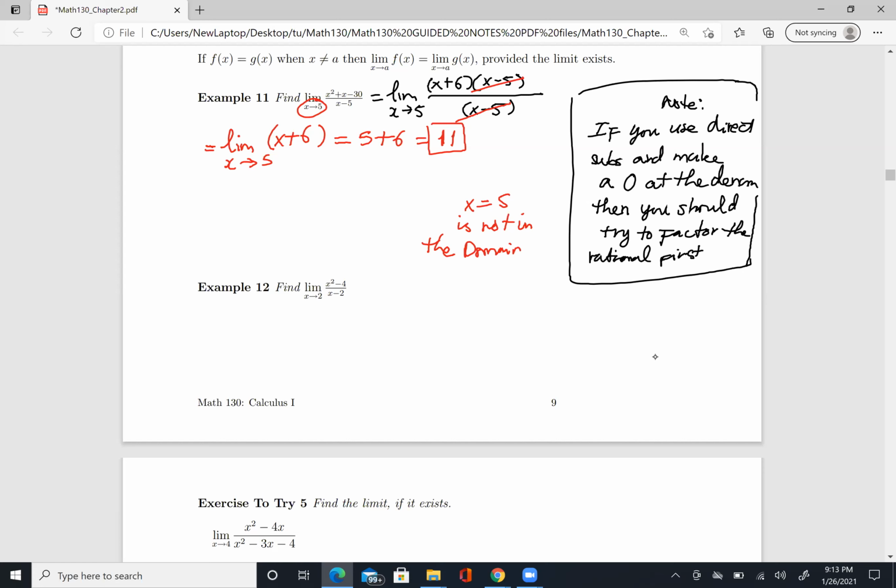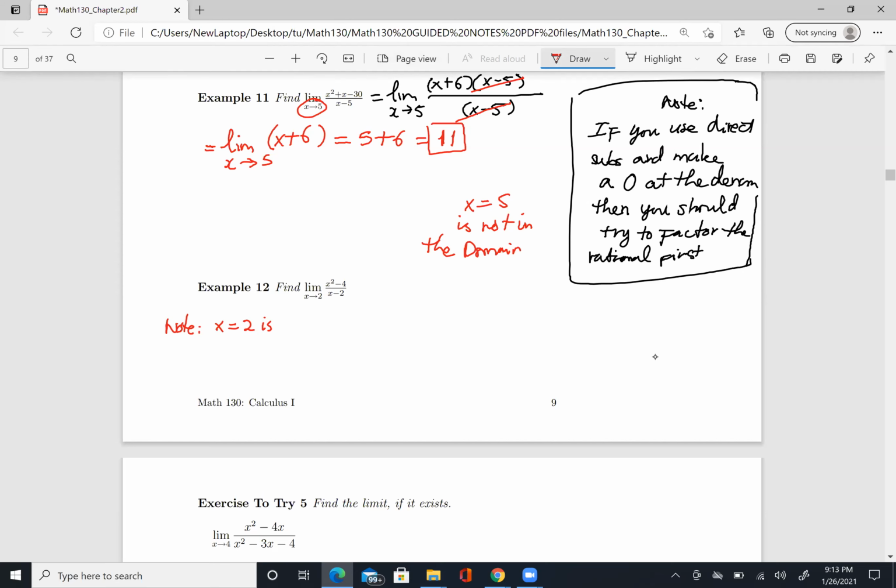Again, note that x equal to 2 is not in the domain, because you see that the bottom is x minus 2, so the domain should not include x equals 2.